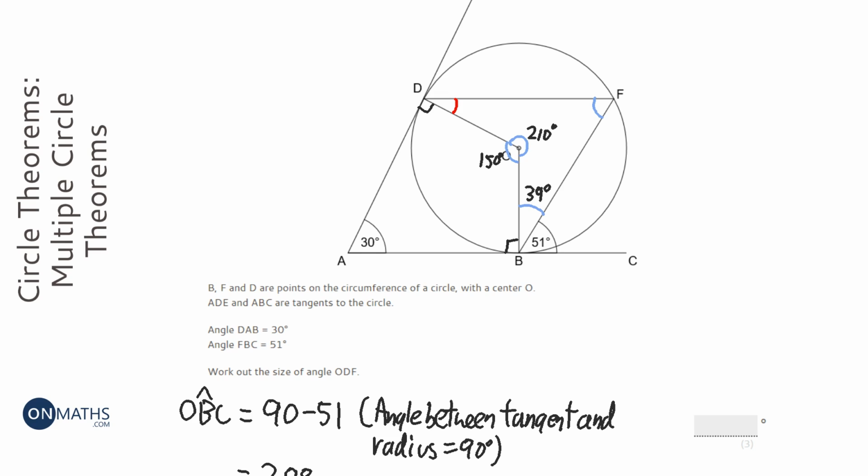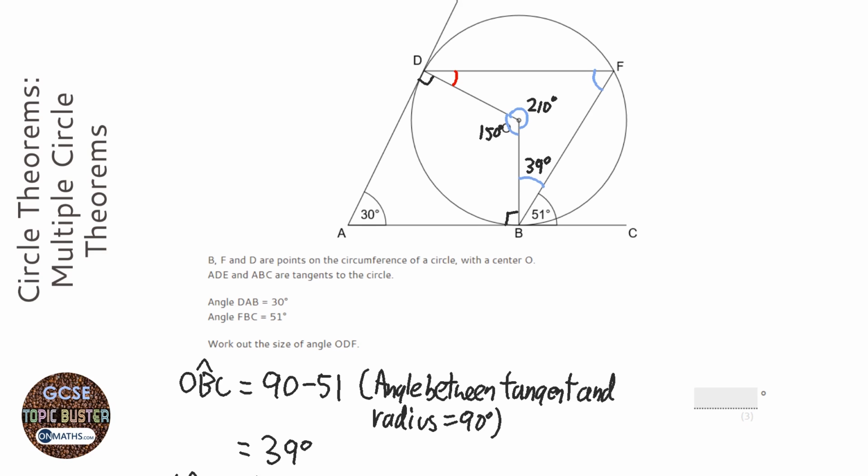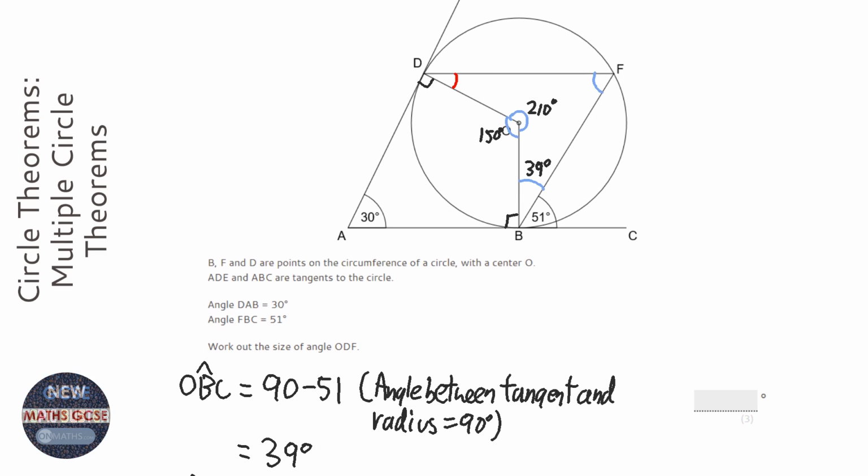We can work out angle DFB. And this time we're using the circle theorem that says angle at the centre, which is the 150, is twice the angle at the circumference.